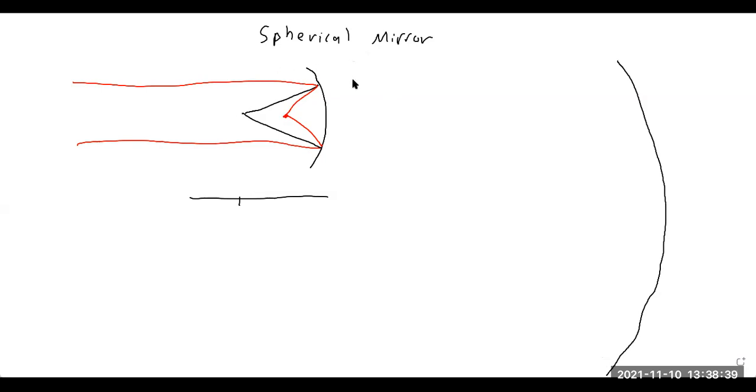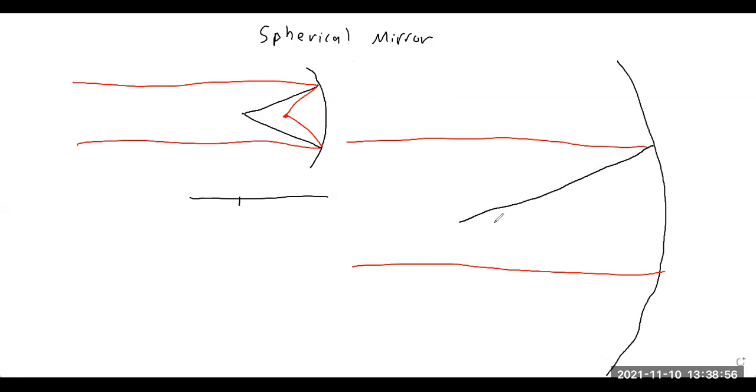And if our light rays come in, we have our normal vectors, which meet, and the reflected rays, which are going to meet.